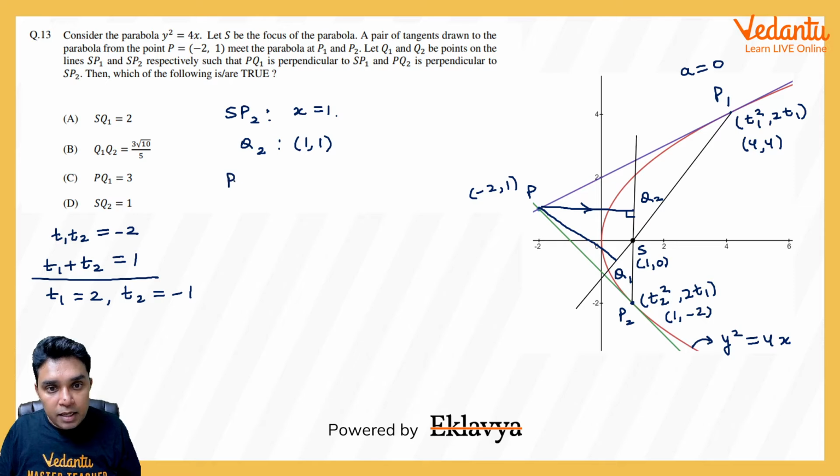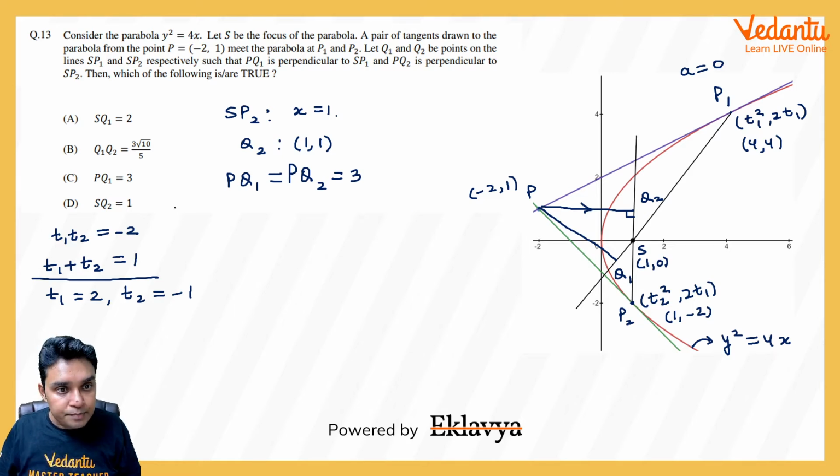So in that case, PQ1 would have been found directly. I will prove it separately also, but please understand that with this logic also we can say that PQ1 and PQ2 will be the same. And you can see as Q2 has coordinate (1, 1), this PQ2 will be equal to 3, because the distance between (-2, 1) and (1, 1) is 3.